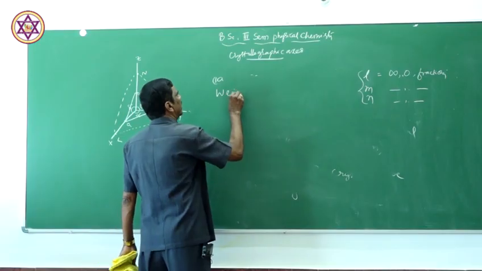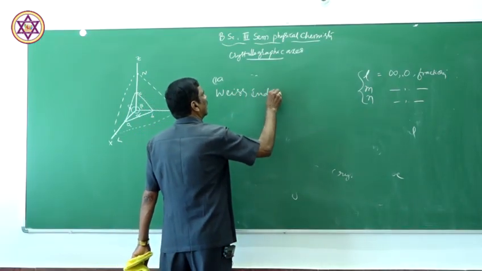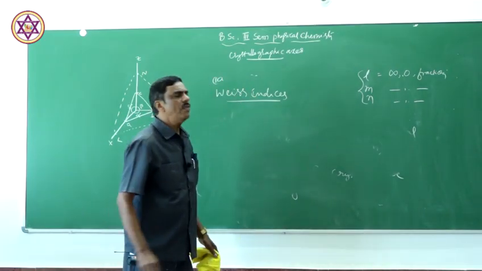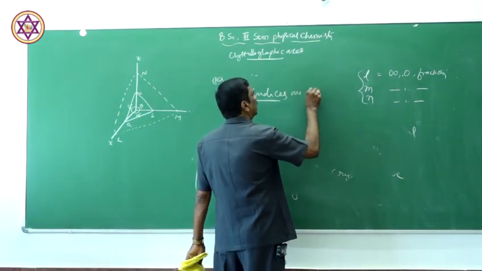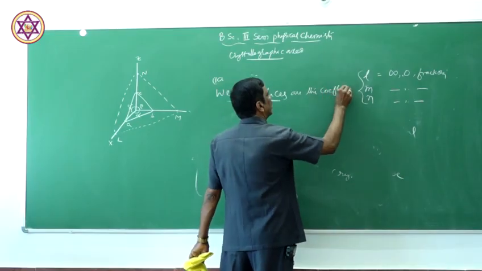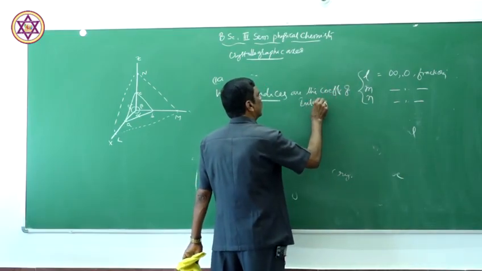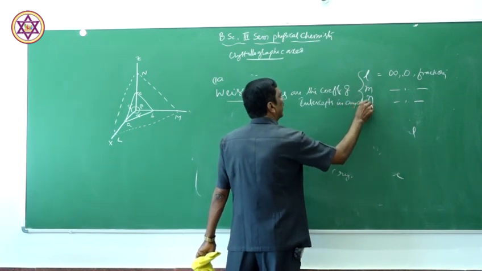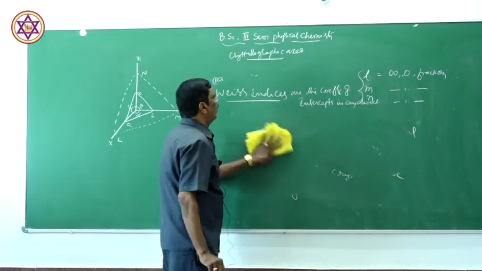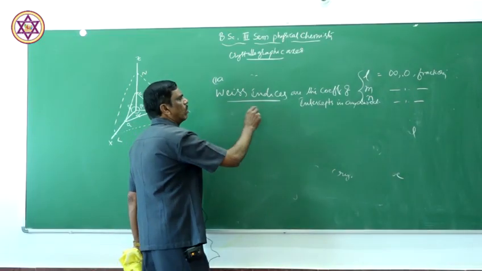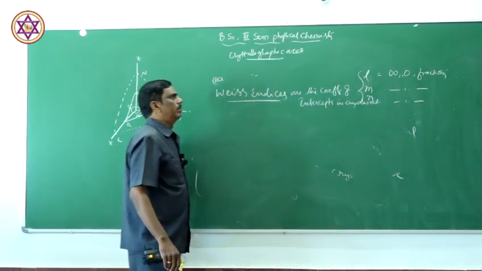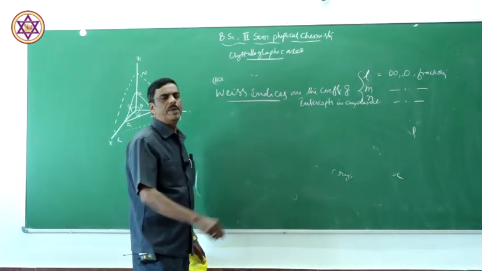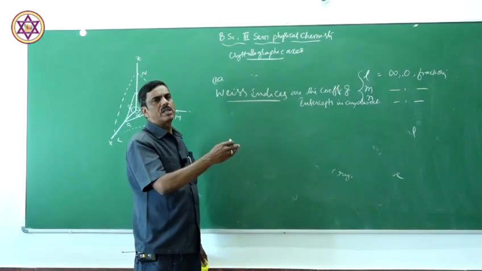So, Weiss indices are the coefficients of the intercepts L, M and N. It may be infinity, 0, a fraction or a whole number.